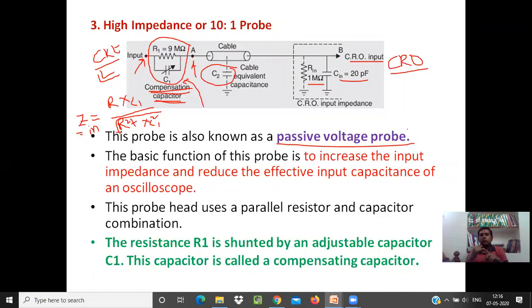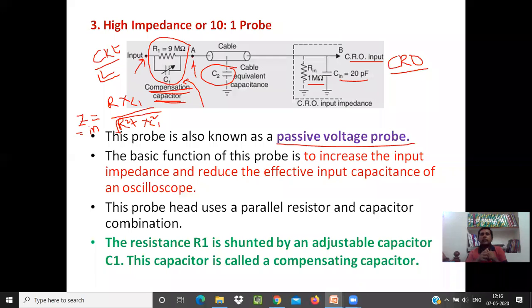The active probe uses active components like BJT, FET, or operational amplifier at the input side. Just now we discussed R1 and C1, where R1 is a resistor and C1 is a capacitor. Are these active or passive elements? Resistors, capacitors and inductors are passive elements.